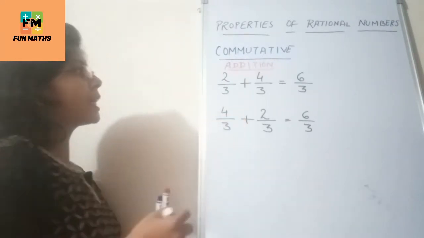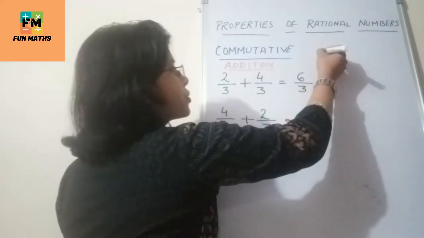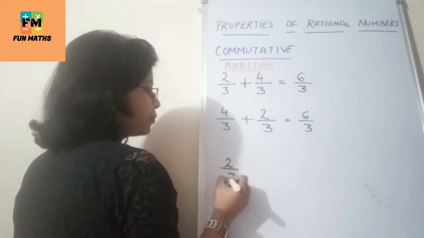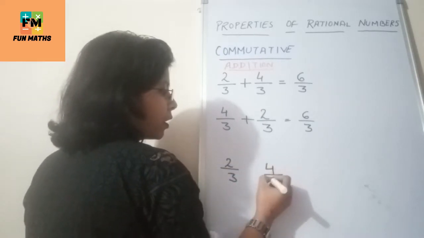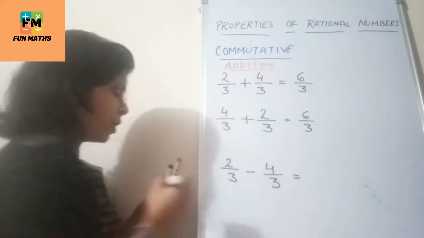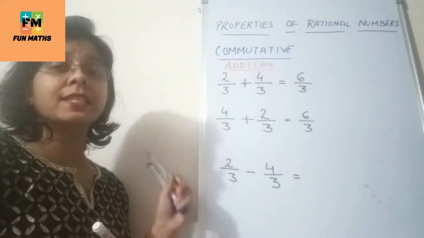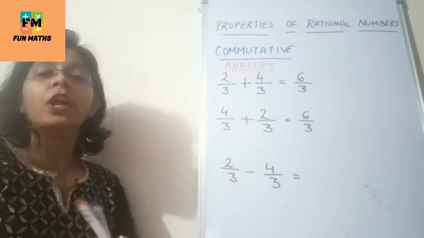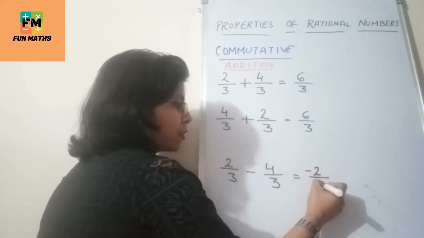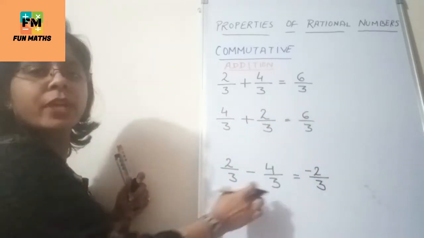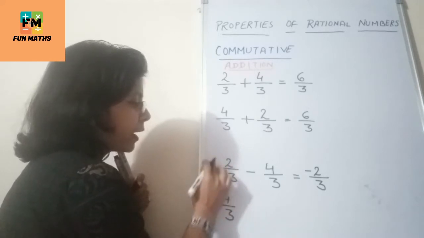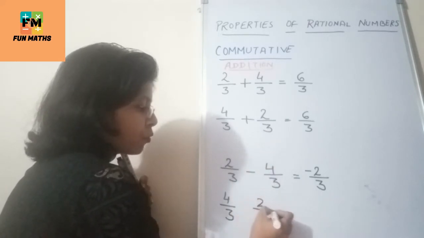For subtraction, I am again going to take these two rational numbers, 2 by 3 and 4 by 3. Now when I subtract, if you remember, we learnt all this with integers. 2 minus 4 is minus 2, so minus 2 by 3. Now let's interchange, so we write 4 by 3 first and then 2 by 3.